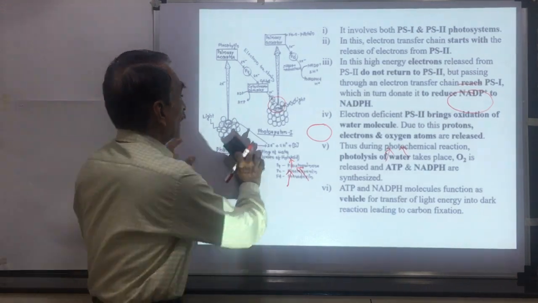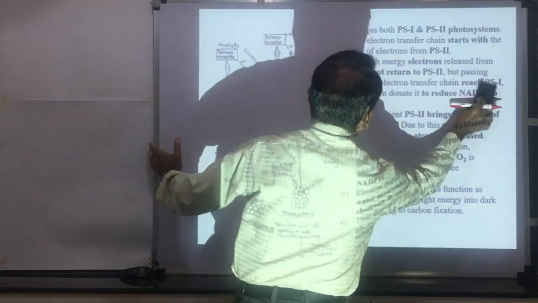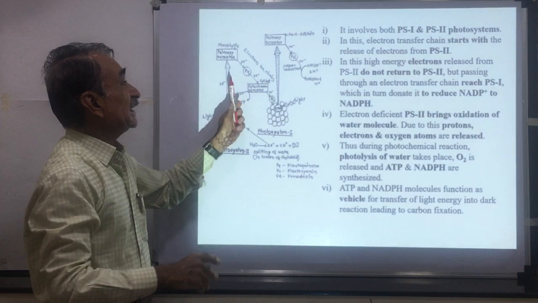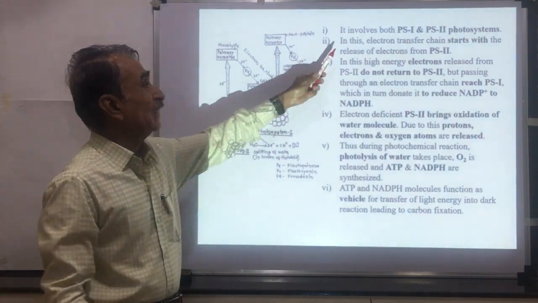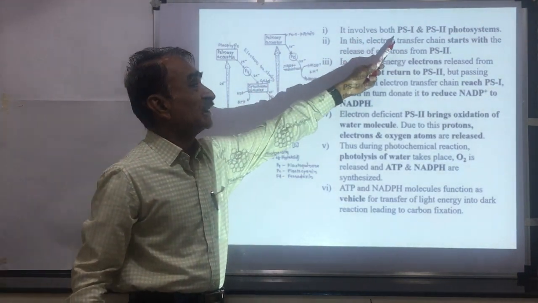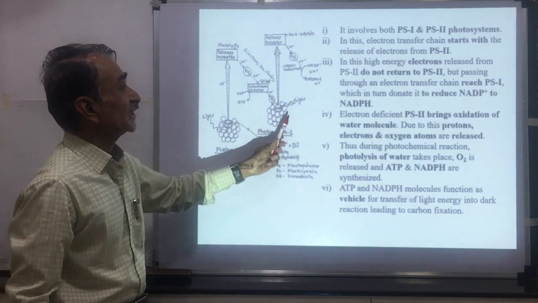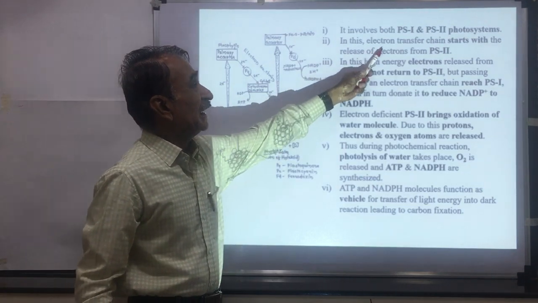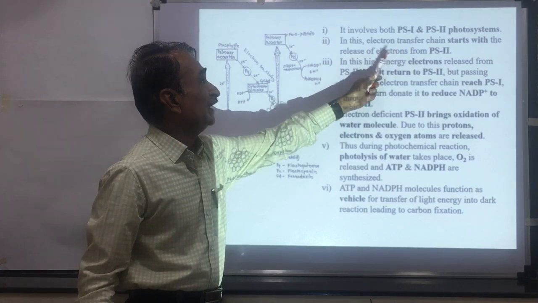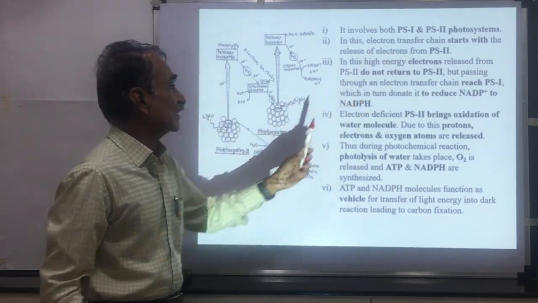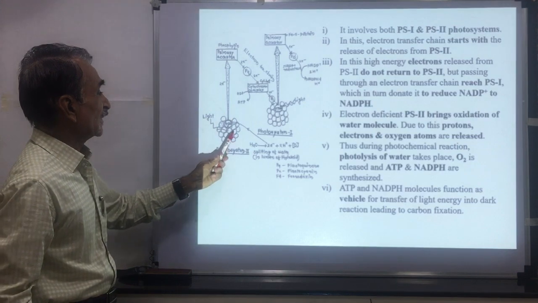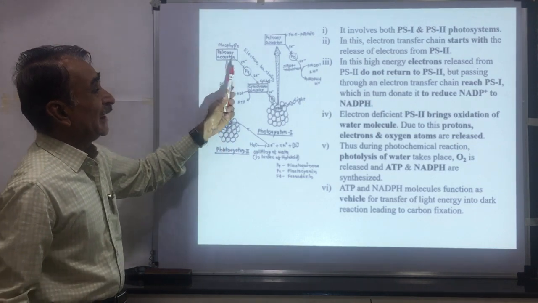Then you see here details step by step. This non-cyclic electron transfer involves both photosystem first and photosystem second. This is photosystem second, this is photosystem first. In this case, the electron transfer chain starts with the release of electrons from photosystem second.